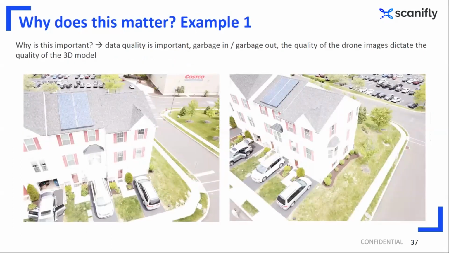Now, why does the quality of imagery matter so much? So let's take a look at a few examples here. Here are some images showing white balance issues with the imagery. You could see here that the facade is pretty washed out. It's hard to tell what's really going on there.